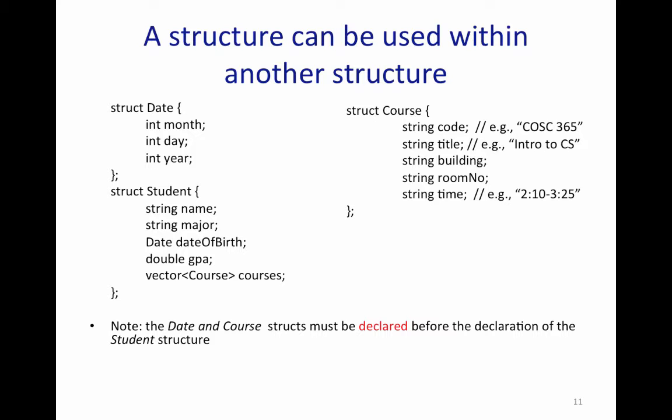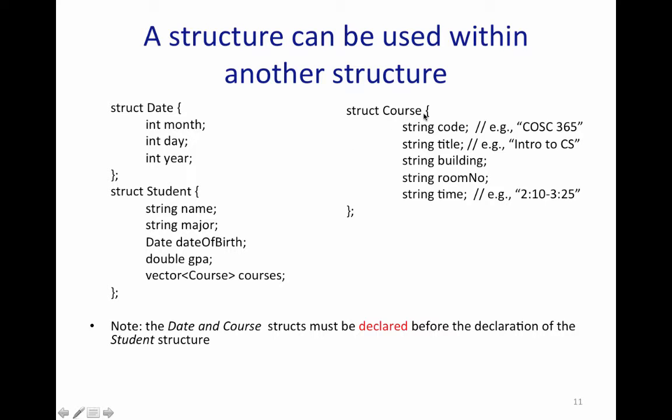And the way we do that is we allow there to be structs nested within other structs. So for example, in a real struct for a student, we might keep your date of birth. We might want to keep a transcript of the courses that you have taken. So it makes sense to actually group a date, like a birth date, into a month, day, and year.